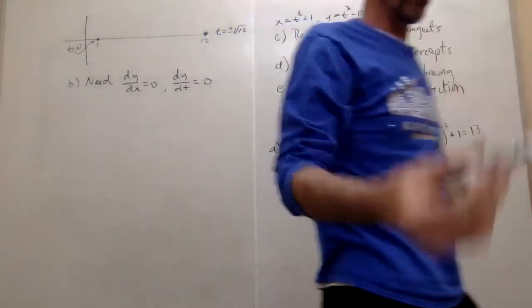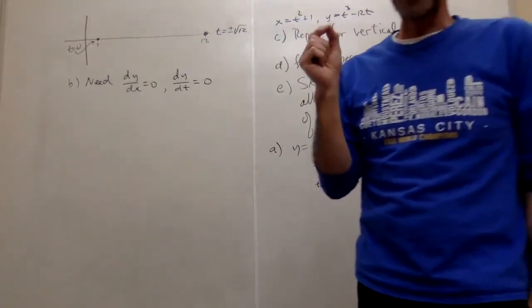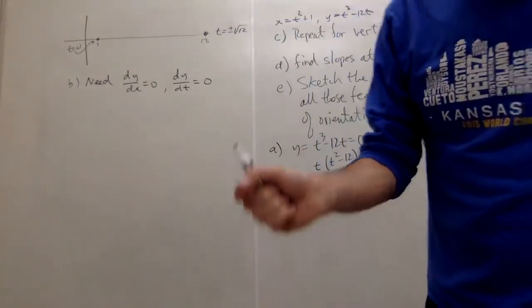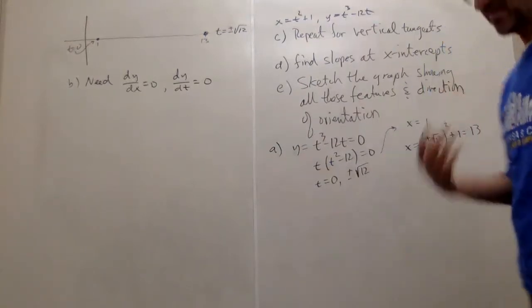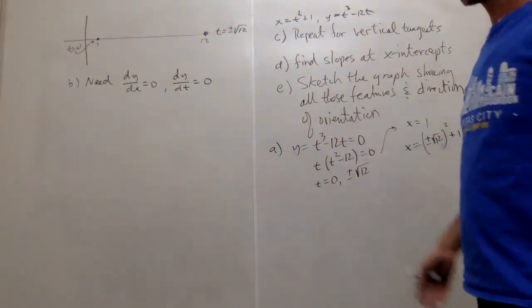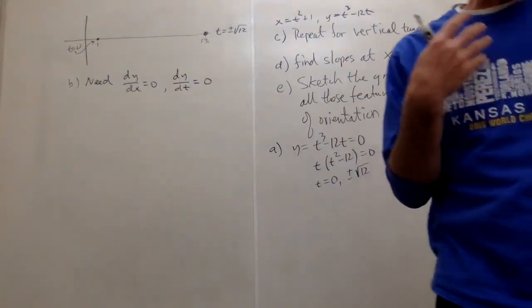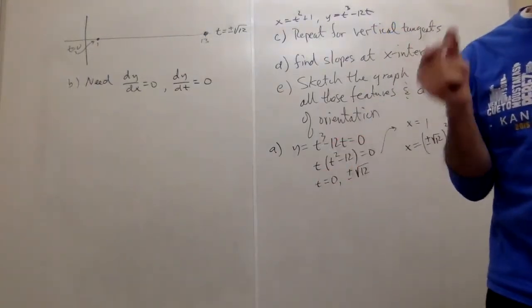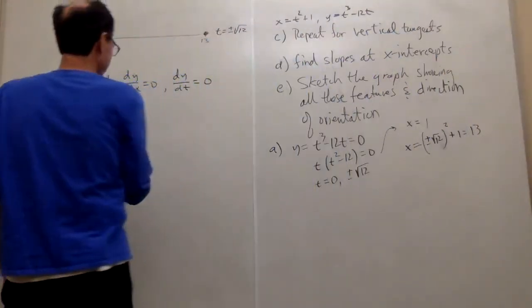There's one thing we need to worry about: we need the numerator to be 0, but not the denominator. If they both are 0, that's that 0 over 0 unpredictable case. So we'll find out where dy/dt is 0, and we'll quickly check and make sure that dx/dt is not also 0. I think we're going to be just fine.